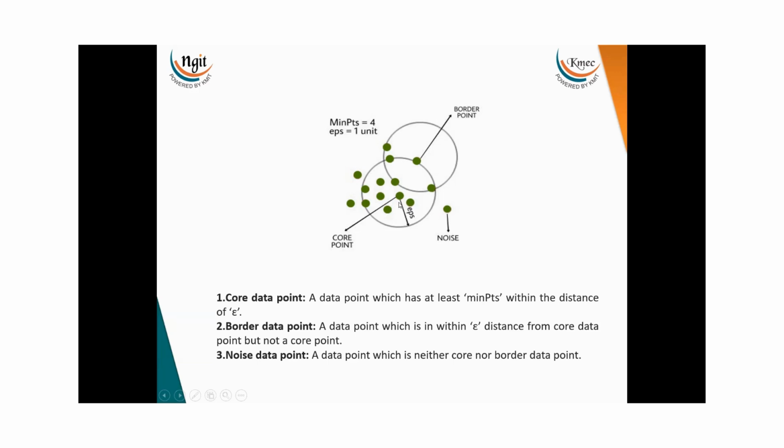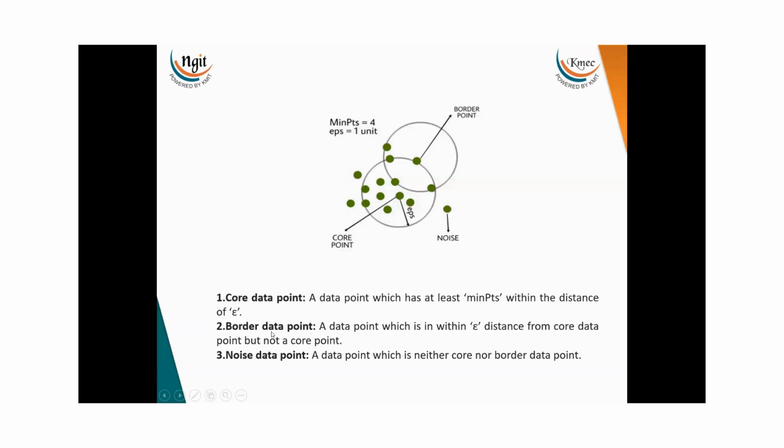We can see that within the same radius of epsilon there are many more than 4 points, so we can consider this as a core data point. If a data point has greater than or equal to the given minimum points, then we call it a core data point.